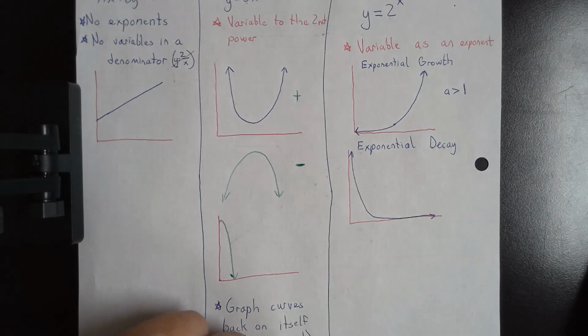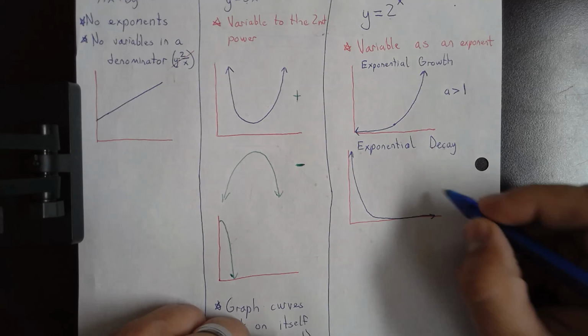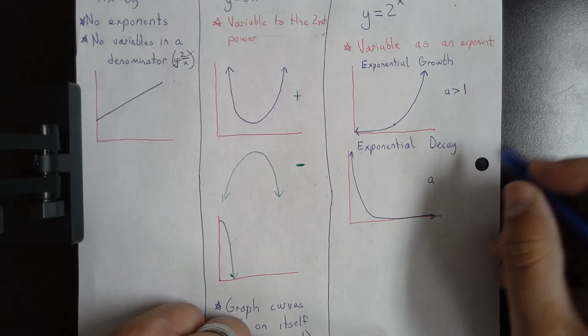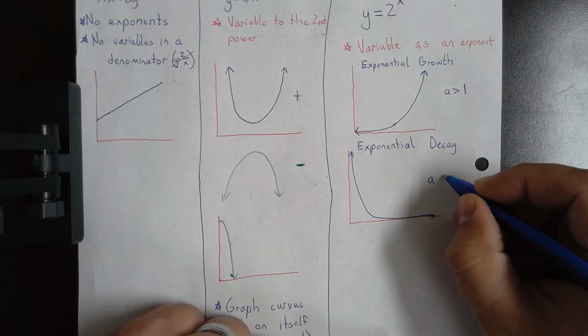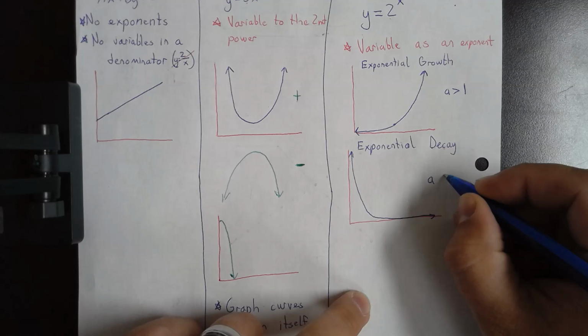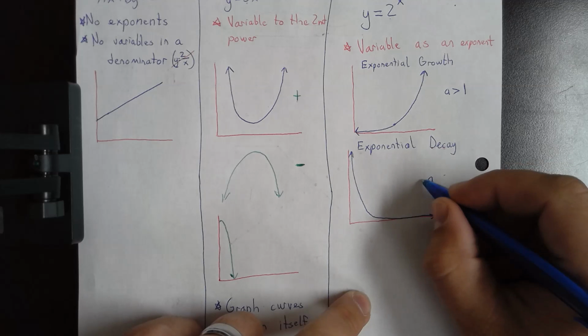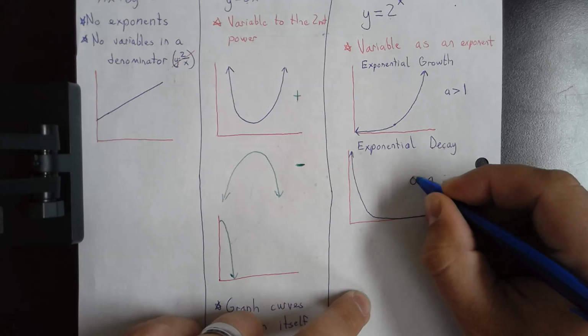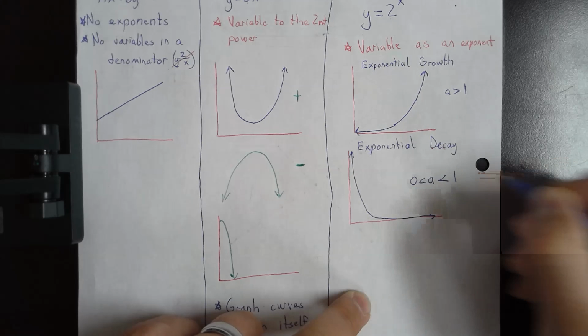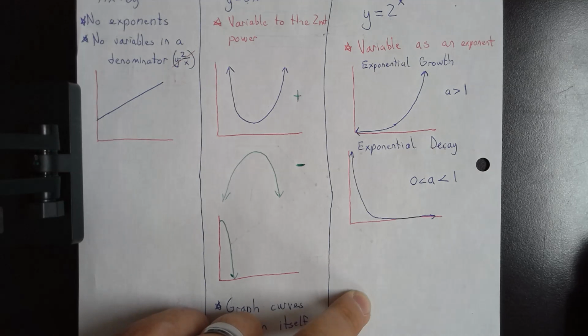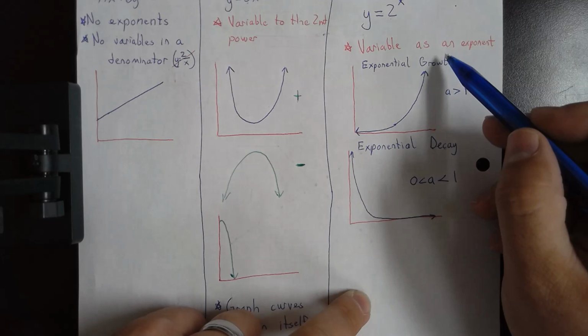Okay. This is anytime your a value is between 0 and 1. Okay. So exponential growth, exponential decay.